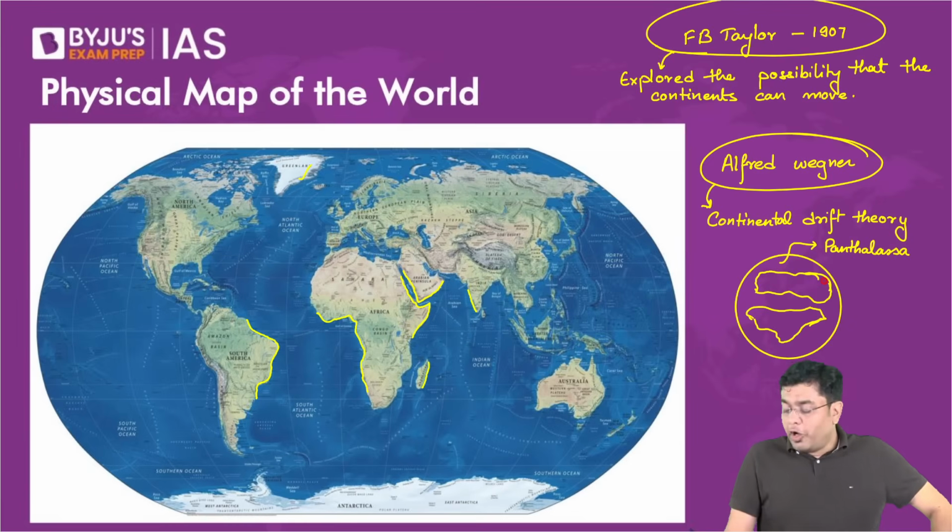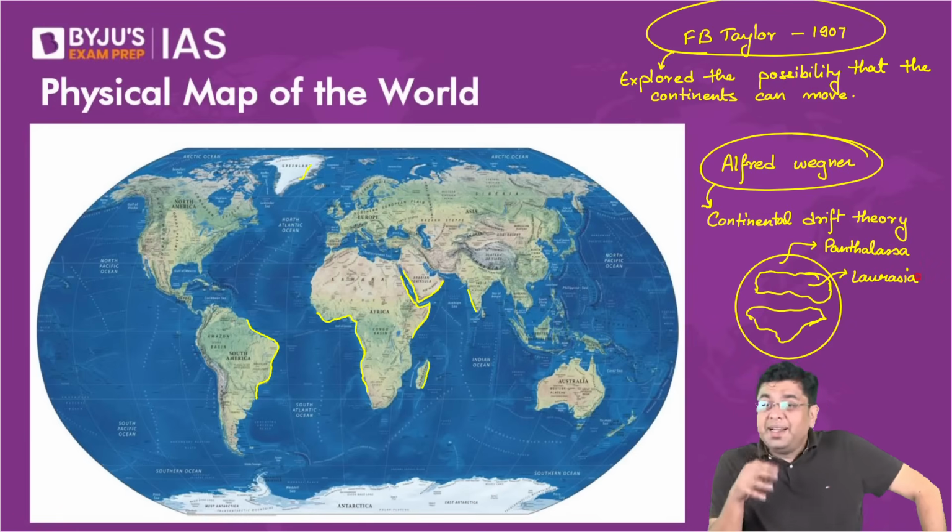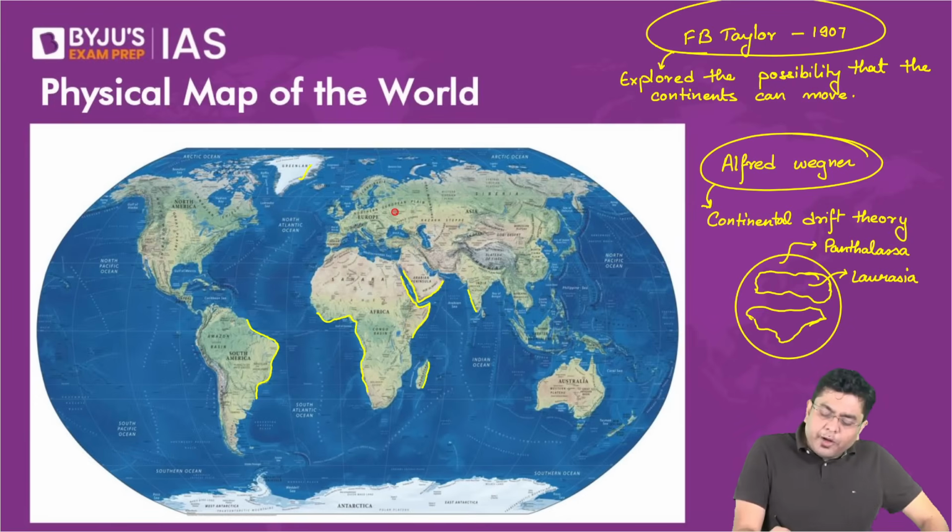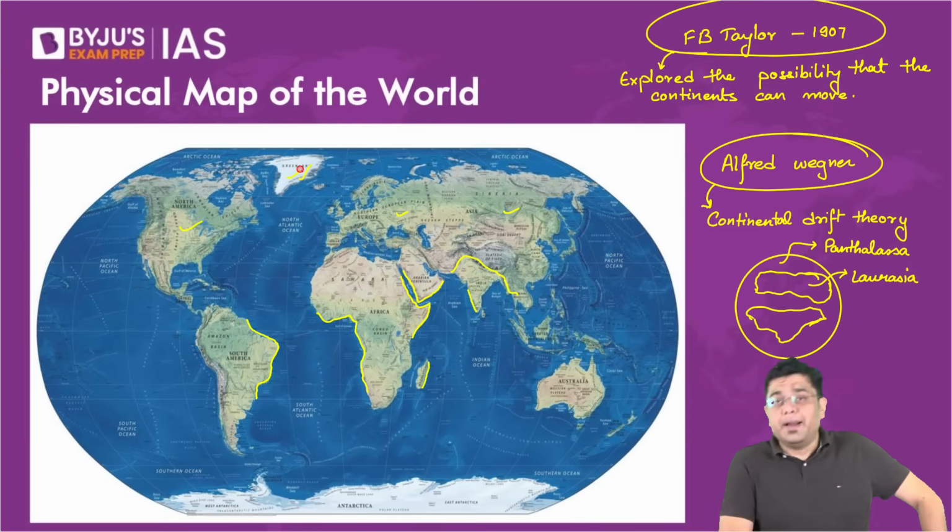The one to the north was named Laurasia. And Laurasia, in the present day scenario, would consist of the land of Europe, Asia other than India, and also North America and Greenland.